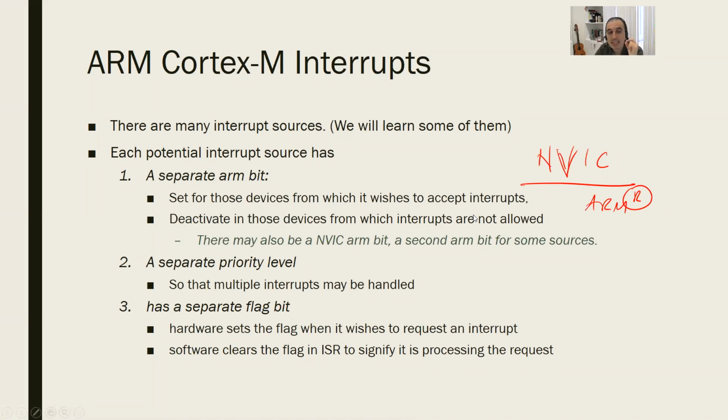Sometimes the ARM bit has an optional second step. So for some devices, they all have, as I told you, there are 200 interrupt sources. You should enable the interrupts for all of them. For some of the interrupt sources, this arming step has two sub-steps. You arm something in a control register, and there is also this controller called the NVIC.